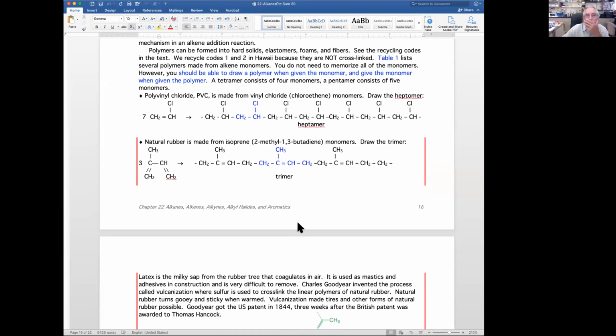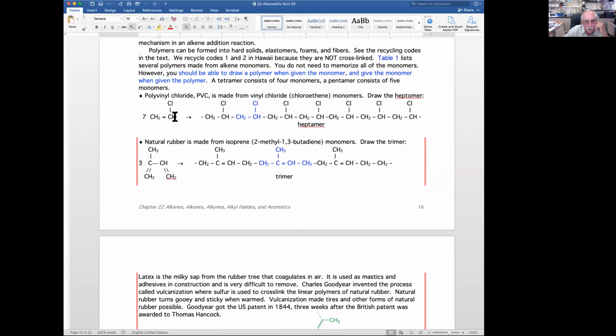So what should you be able to do with this type of reaction? I think you should be able to take the monomer and turn it into the polymer. How do you do that? Well, each monomer has 2 carbons in a row that are going to join.